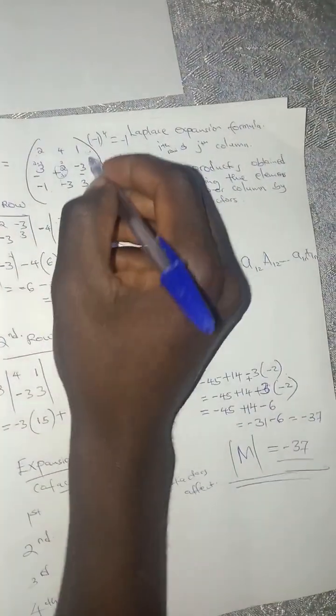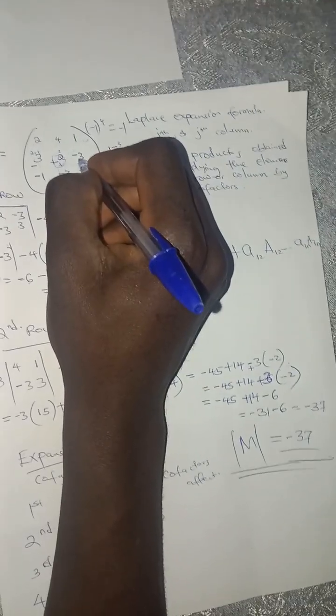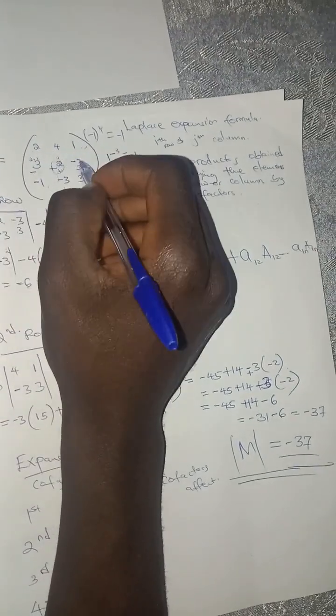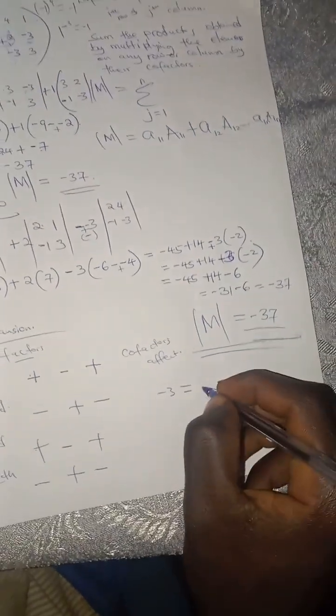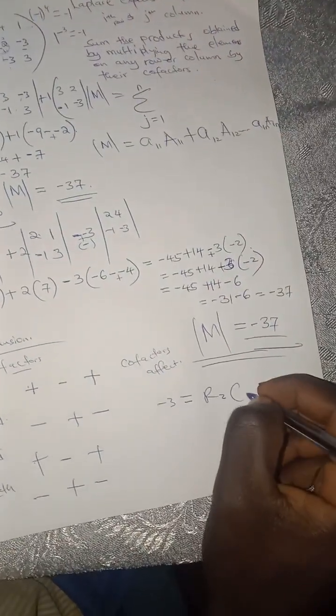And again, when we come to negative 3 here, negative 3 is at row 2 and column 3.